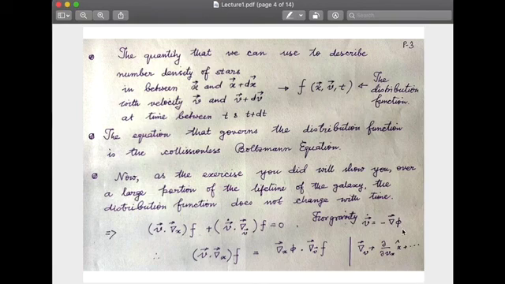So if it sees that potential, I can calculate the acceleration of the star. That's straightforward, because minus grad of phi gives me the acceleration. Then I put that back in this formula, and I get this equation, which tells me what the steady state distribution function is supposed to be, given that potential.